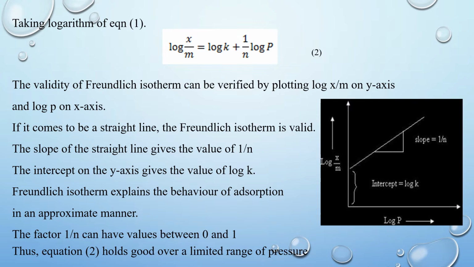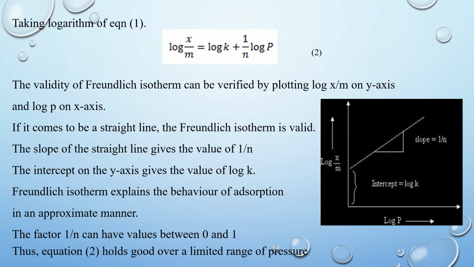Taking logarithm of equation 1, we get log of x by m is equal to log k plus 1 by n into log p. The validity of the Freundlich isotherm can be verified by plotting log x by m on the y-axis and log p on the x-axis. If it comes to a straight line, the Freundlich isotherm is valid.